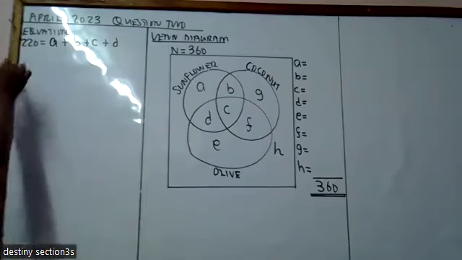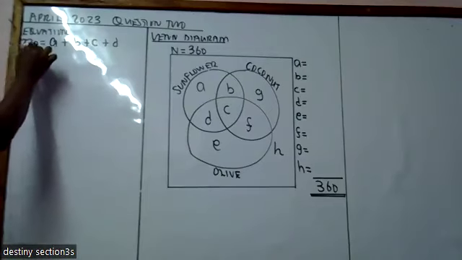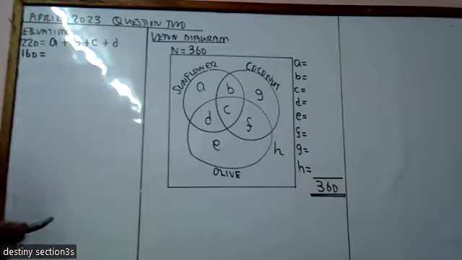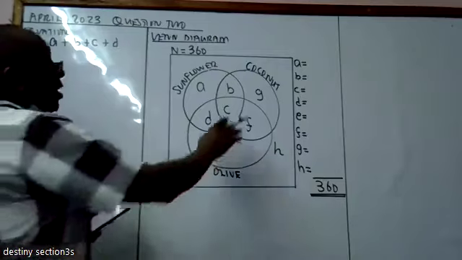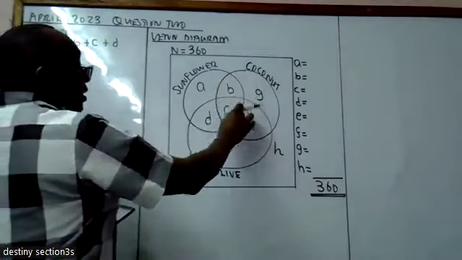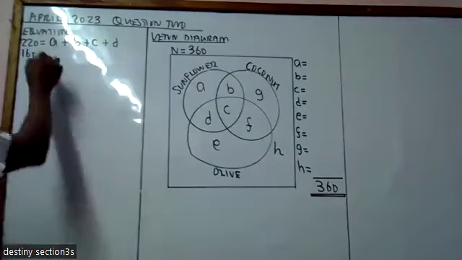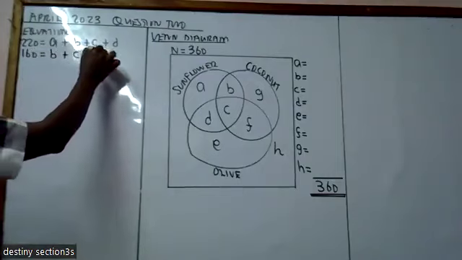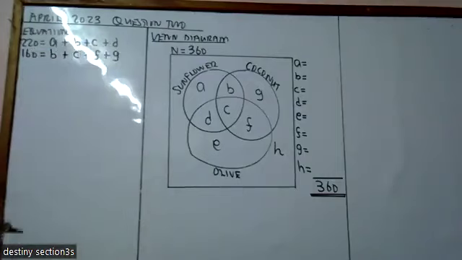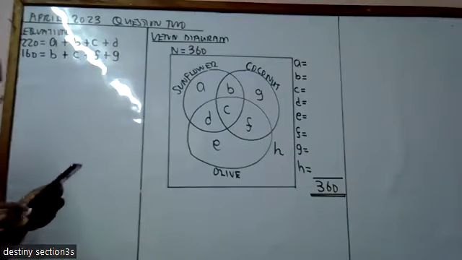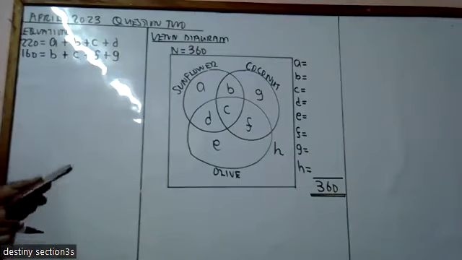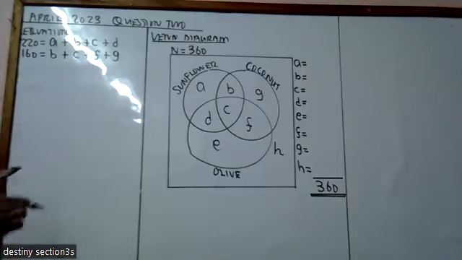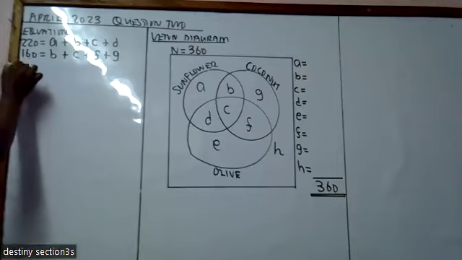160, they preferred coconut. So 160 is everyone who is inside coconut. That is B, C, F, G. So B plus C plus F plus G. Alright. 180, they preferred olive.